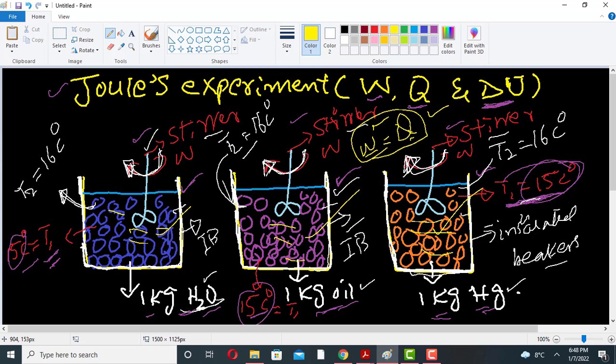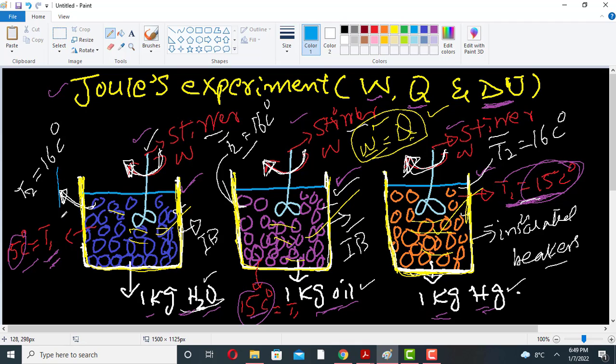Now if someone is interested to remove heat from these systems, first of all we will remove the insulating material from this beaker, from this beaker, and also from this beaker.